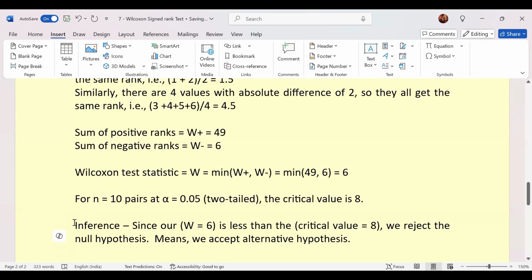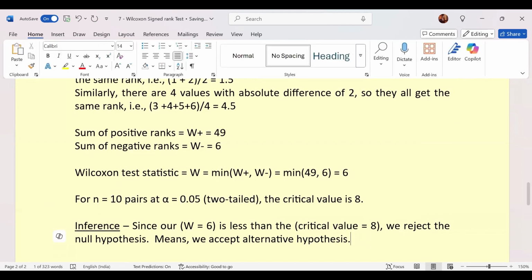Let me underline this. We accept alternative hypothesis. That is our solution.